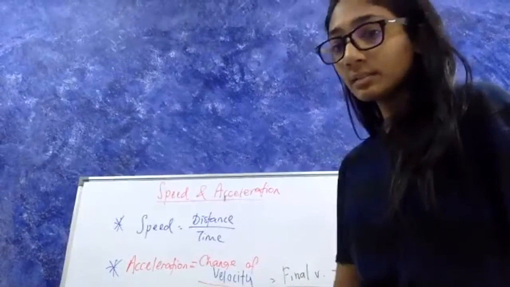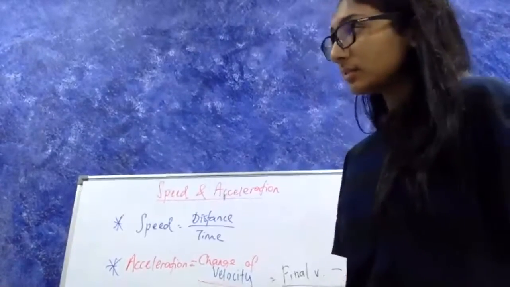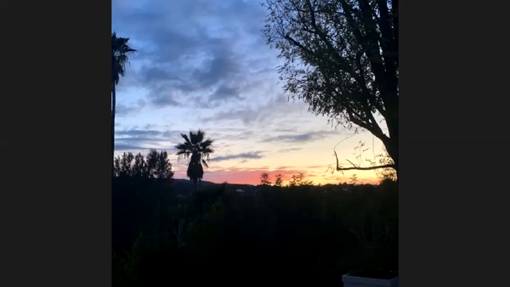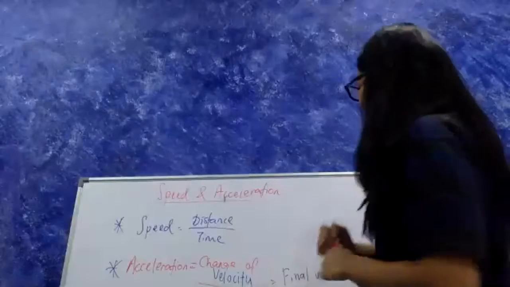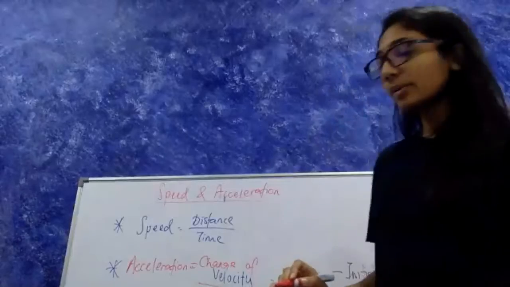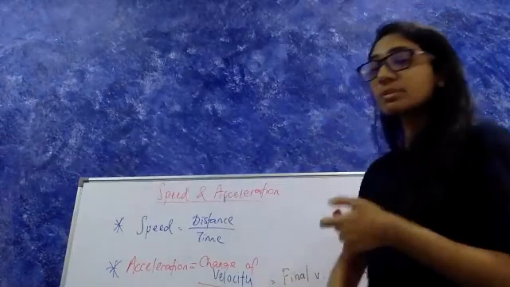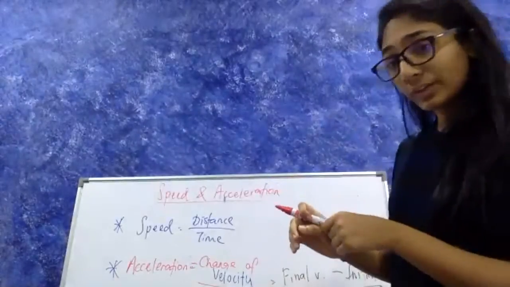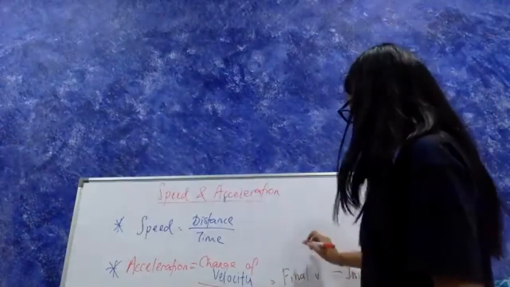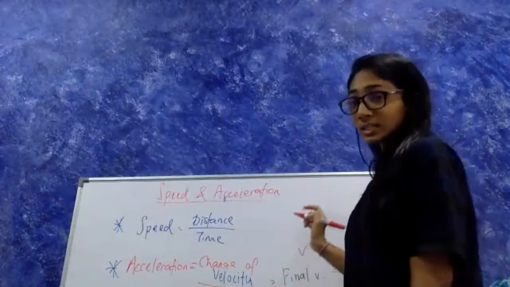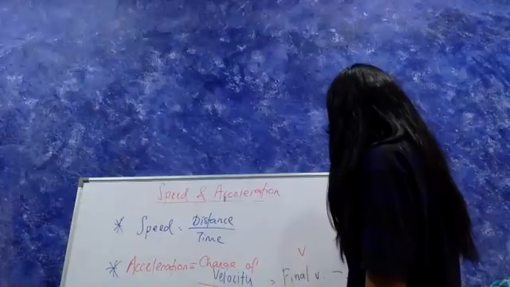Okay, Mehak, are you done? Okay, so with acceleration, the formula is this, and usually we have symbols for it. So final velocity we put as v, initial velocity we put as u.